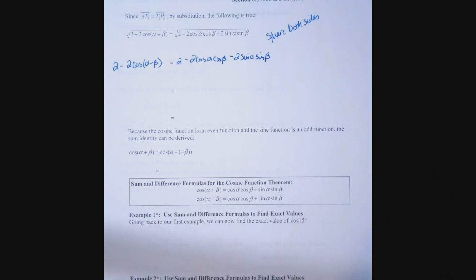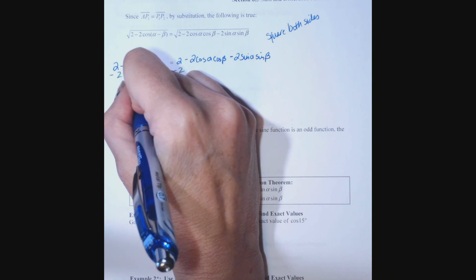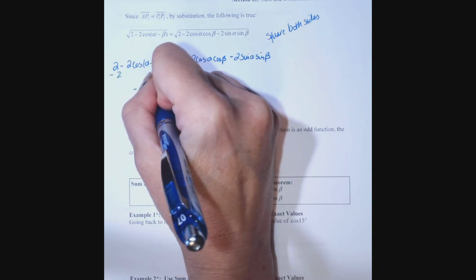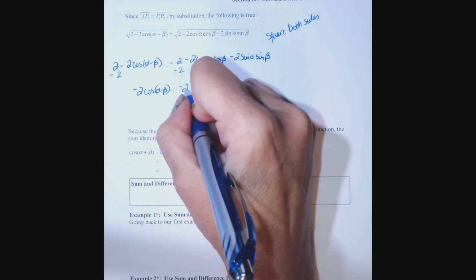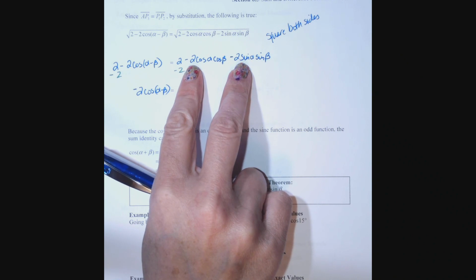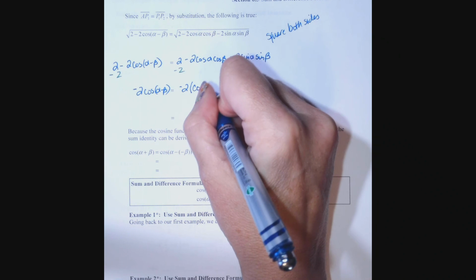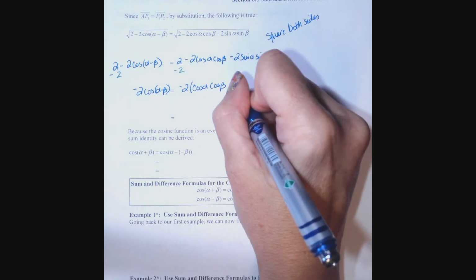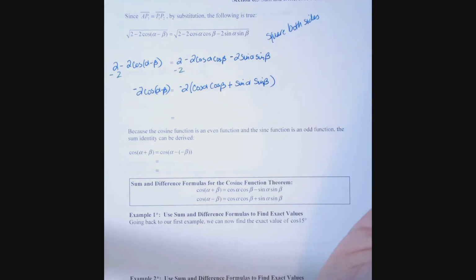All right, I'm going to subtract 2 from both sides. When I subtract 2 from both sides, I have negative 2 cosine of alpha minus beta equal to negative 2 cosine alpha cosine beta minus 2 sine alpha sine beta. And you know what? I've got a negative 2 in front of both of these terms, so let's factor that out. Negative 2 times cosine alpha cosine beta plus sine alpha sine beta.